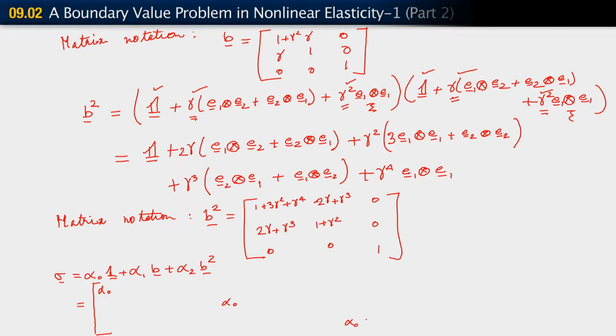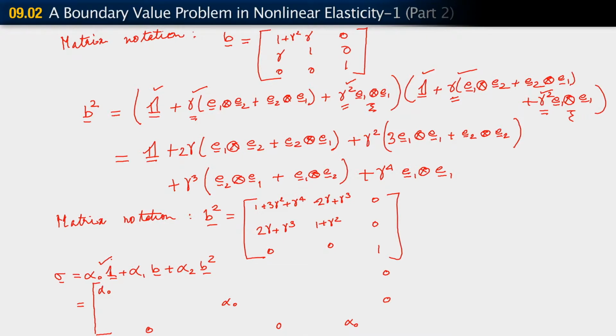Those are the diagonal terms. Now we know straight away that all the 1, 3, 2, 3, 3, 2, and 3, 1 terms are 0. So let's just slot in zeros there. The remaining terms are the ones that we need to fill. So we've taken care of alpha 0 multiplying the isotropic tensor.